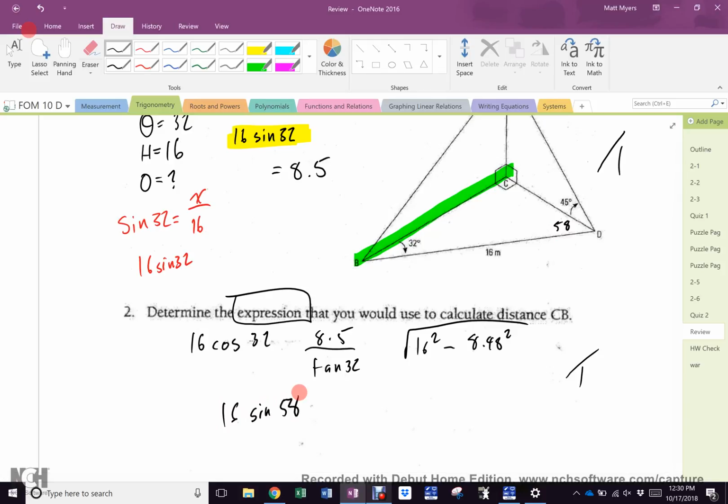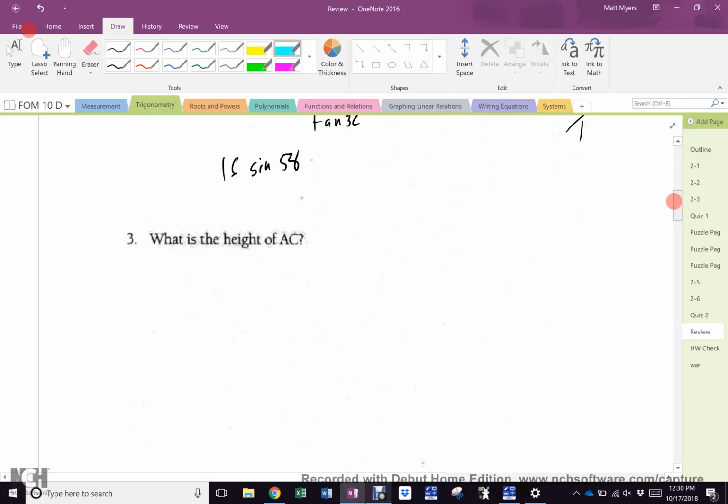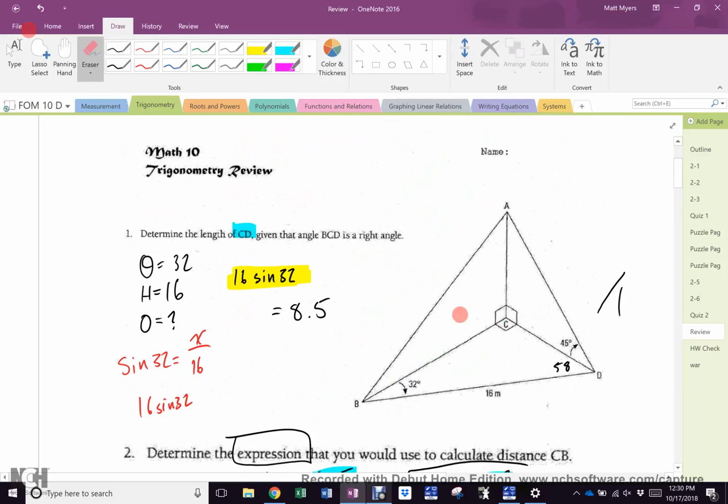You do. Is any one of them better or worse than any other? No. Although I would argue that anything that used this is not the best way to do it because both of those answers have been rounded off, haven't they? Right? Excellent.